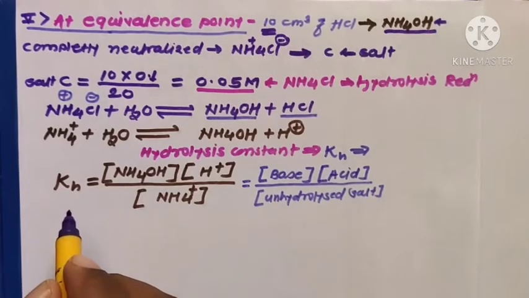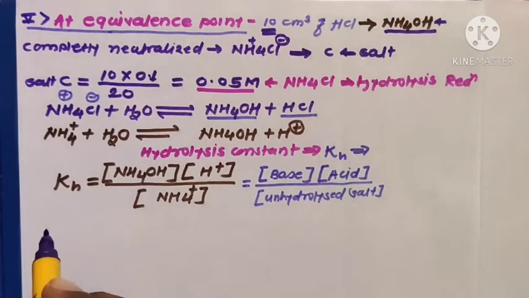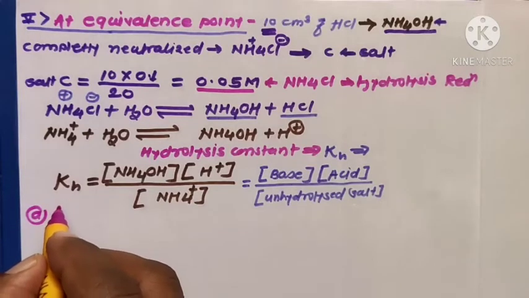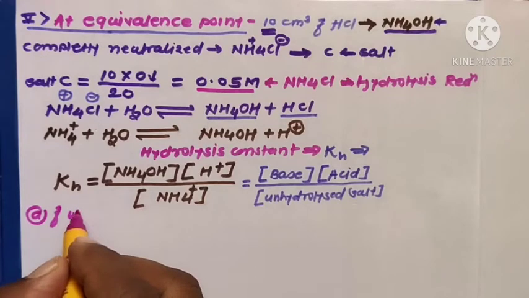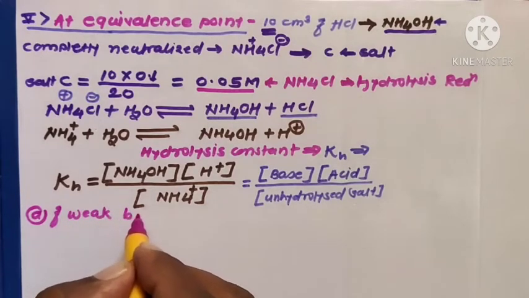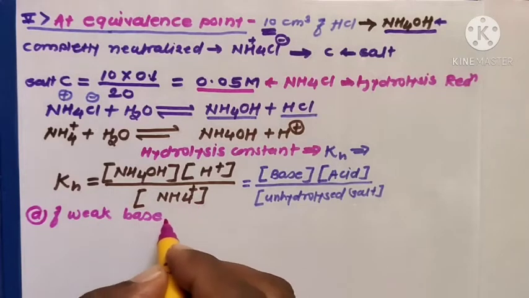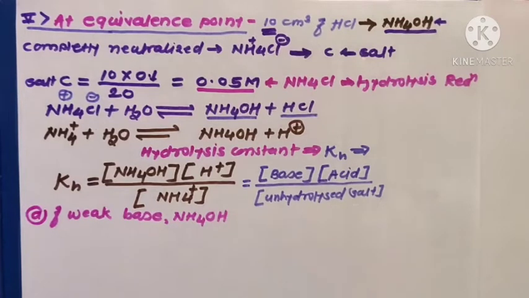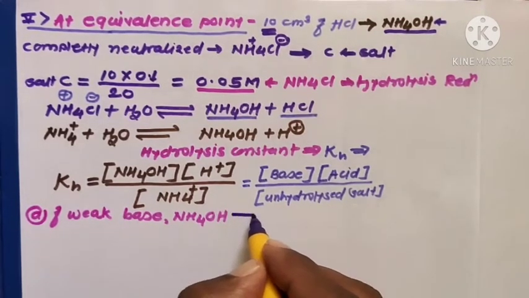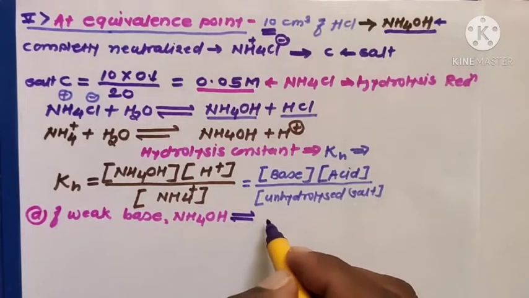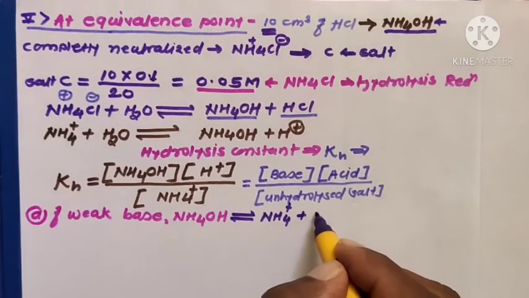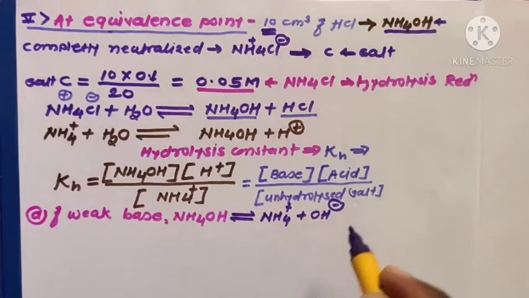In the same solution, there are two more equilibria. The first is that of the weak base, NH4OH. It gives, in a reversible reaction, NH4+ ion plus OH- ions.